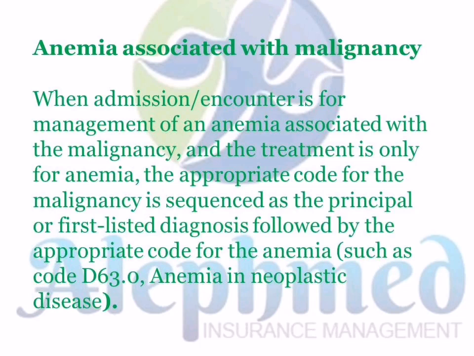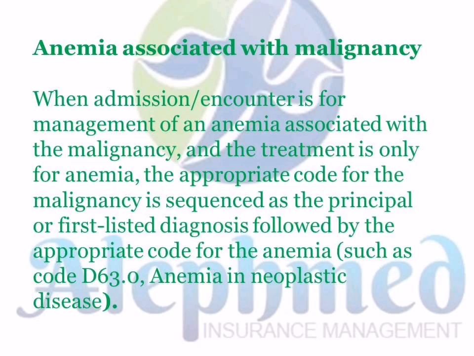First one is anemia associated with malignancy. If the patient has come to the hospital with anemia due to malignancy, the patient has any bone marrow cancer or leukemia, and because of this the complication arises as anemia, then the malignancy is sequenced as the principal diagnosis, followed by the appropriate code of anemia.